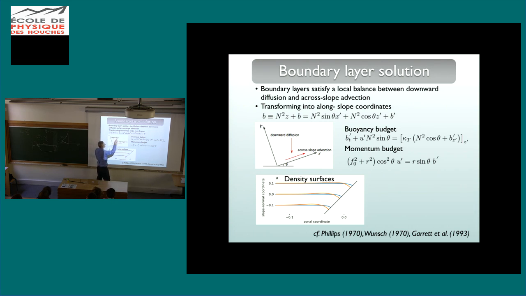So there is this theta. Along x, I have an N squared sin theta x prime stratification, so there is a stratification along the boundary. And then there is an N squared cos theta zeta prime, a stratification normal to the boundary. And then there is still the B prime, the perturbation. So the full stratification has this background plus B prime.